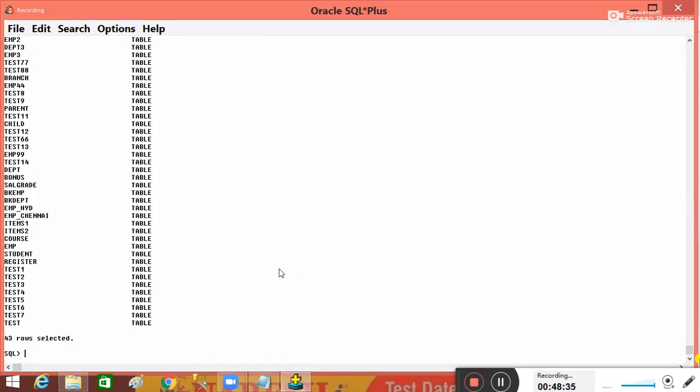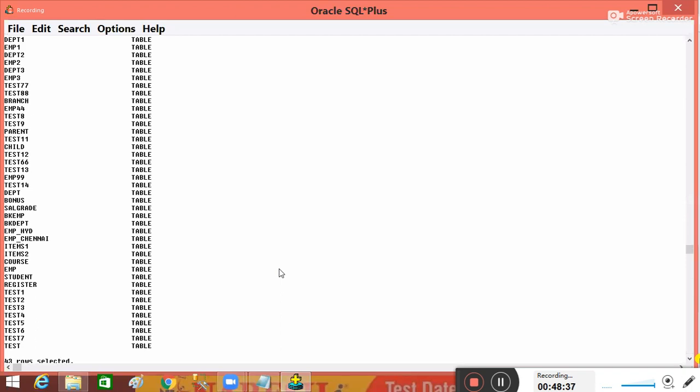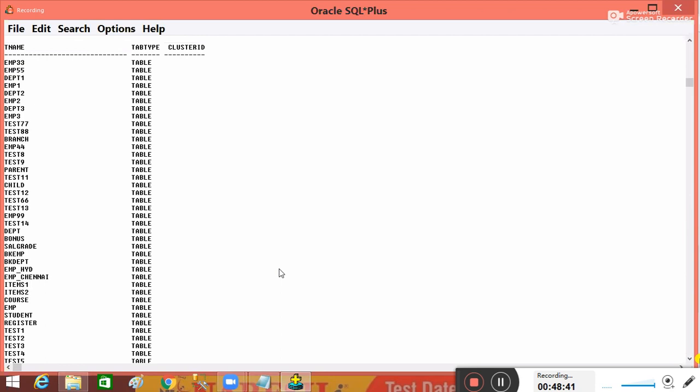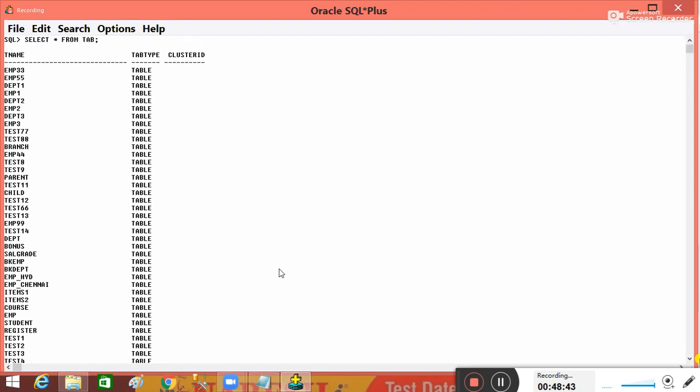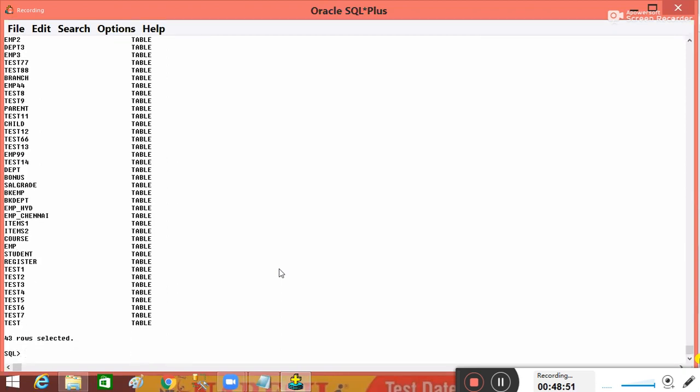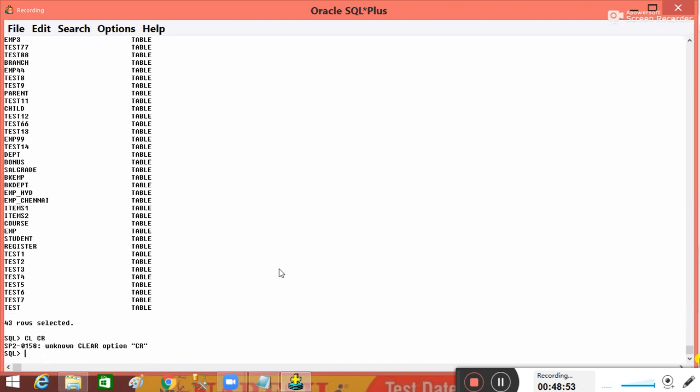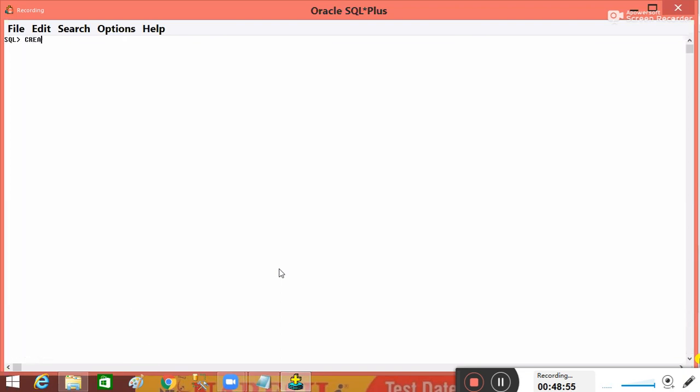Here so many tables are there like this. Now I'm creating one. Create table EMP11, suppose.